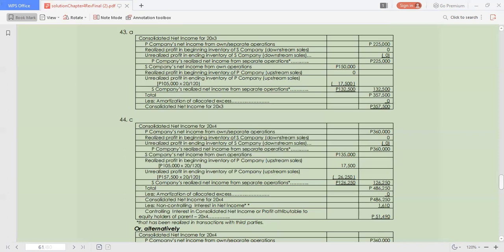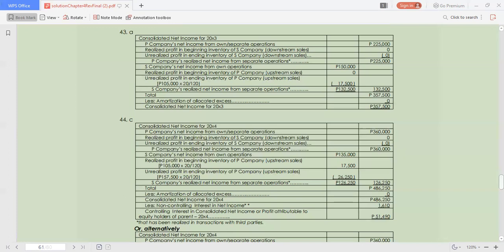Then the non-controlling interest in net income of the subsidiary is 1,610. We are having the difference. So we have now the controlling interest in net income, or profit attributable to equity holders of the parent.